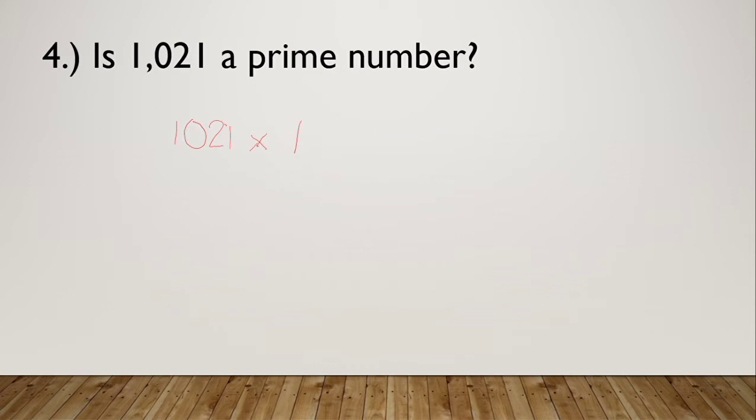Okay, and this would result in 1021. But when we think of possible factors, there are no others. Therefore, we can conclude that 1021 is a prime number. So now let's move on to the fifth example.